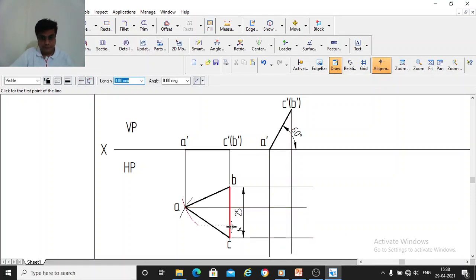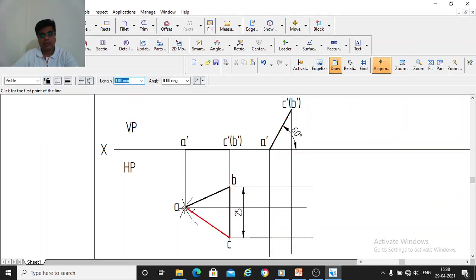Okay, so now we have the front view and we should draw the top view.